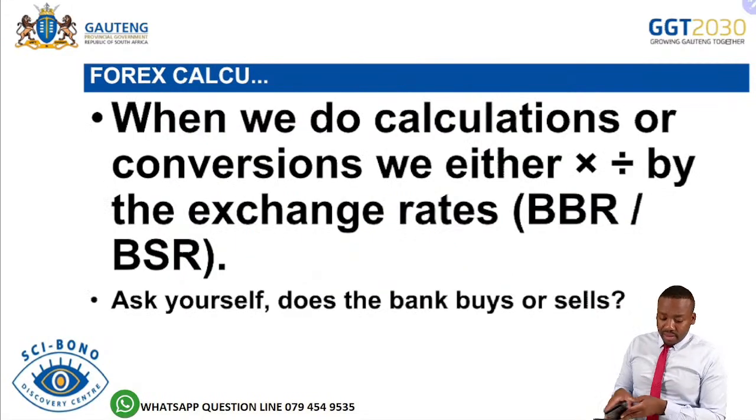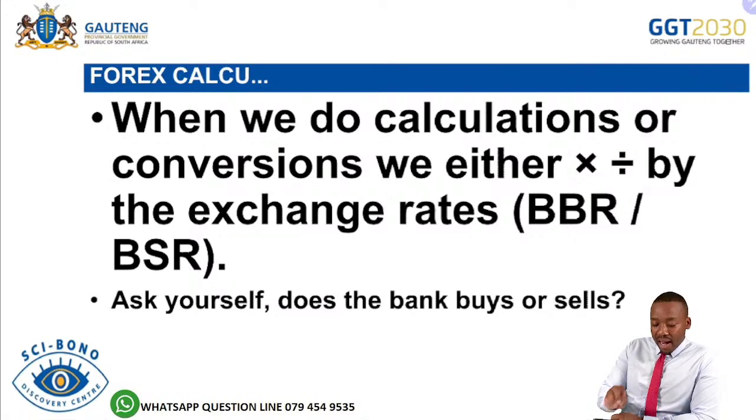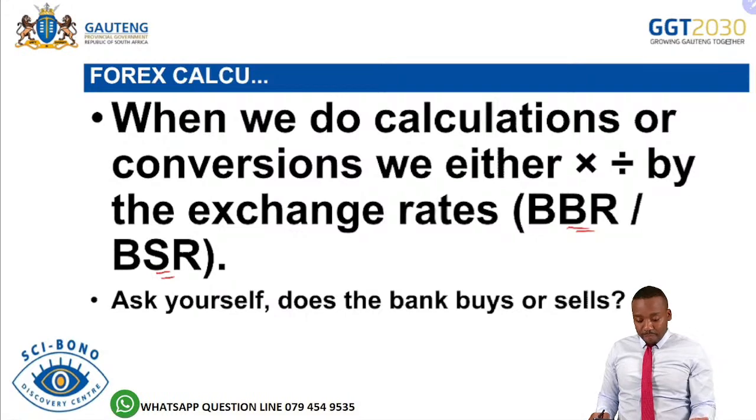Let's check then. We are saying in terms of calculations, it is a matter of division and multiplication. But remember, in this context, we are using which exchange rates? Bank buying rate and bank selling rate as per that table. When you do calculations or conversions, we either multiply or divide by the exchange rate.